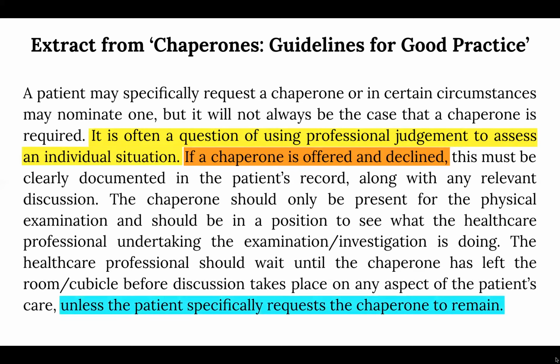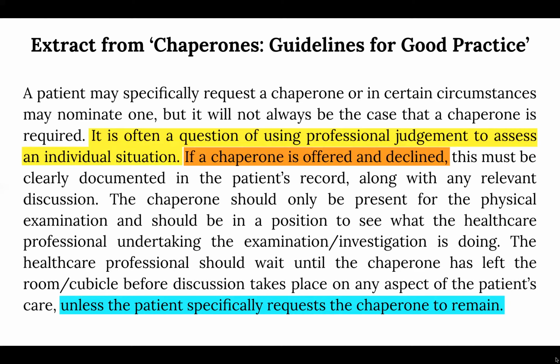Then for option C, the closest text that we can see in the extract is unless the patient specifically requests the chaperone to remain, which one might read as respecting the wishes of the patient above all else. But this is a little bit confusing, or rather designed to confuse the reader, because the option given, respect the wishes of the patient above all else, means that nothing else matters when it comes to a patient wanting a chaperone.